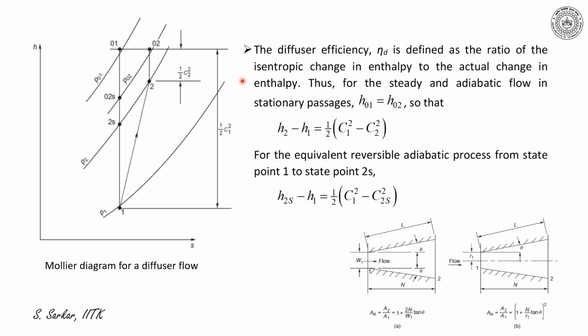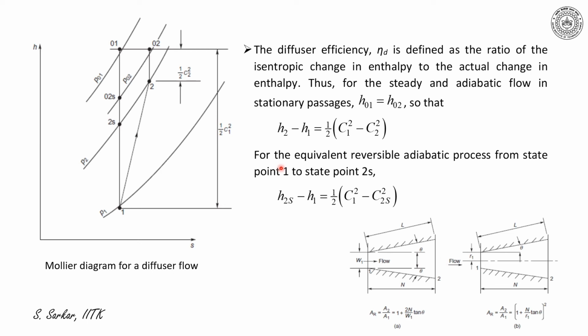I can consider H01 must be equal to H02. Thus, H2 minus H1 must be equal to half into C1 square minus C2 square. So here I have presented the schematic of the diffuser, where C1 is the inlet velocity and C2 is the exit velocity.